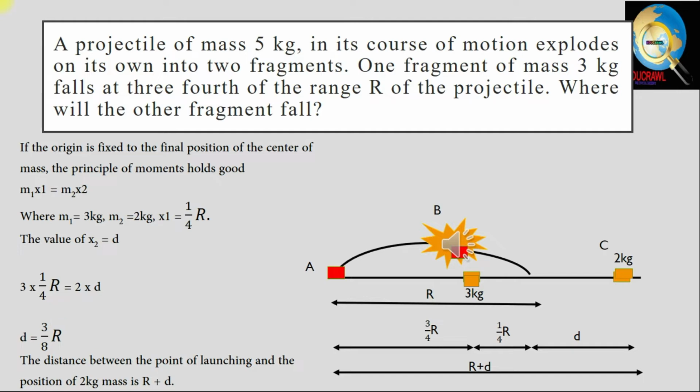Substituting the m1, m2, x1, x2 values in the principle of moments, we have 3 × 1/4 r = 2d. Simplifying, we get d = 3/8 r. So the distance of the 2 kg mass from the point of launching is r plus d.